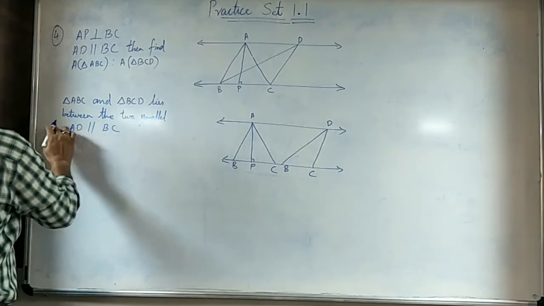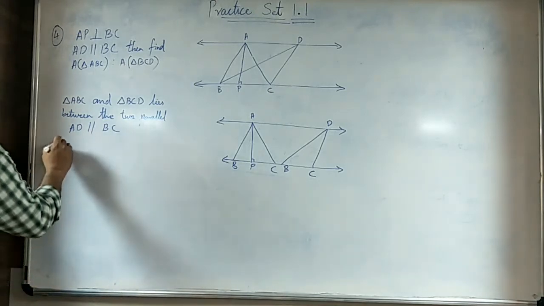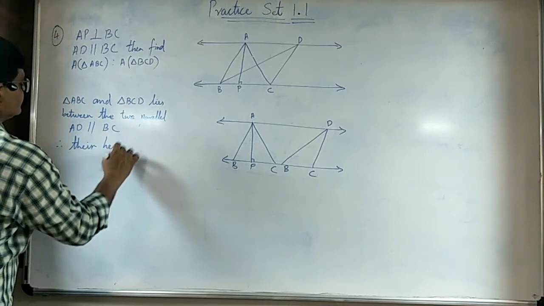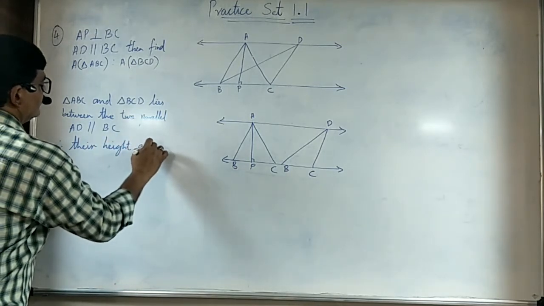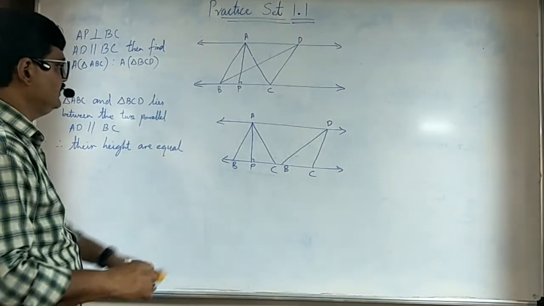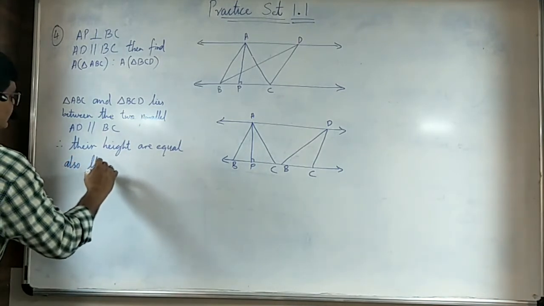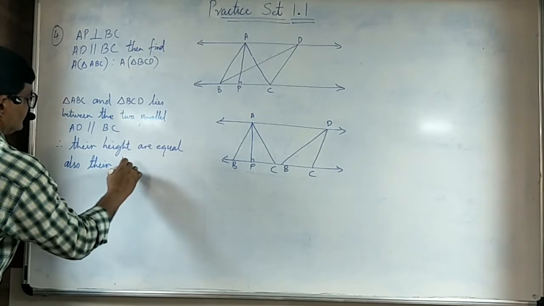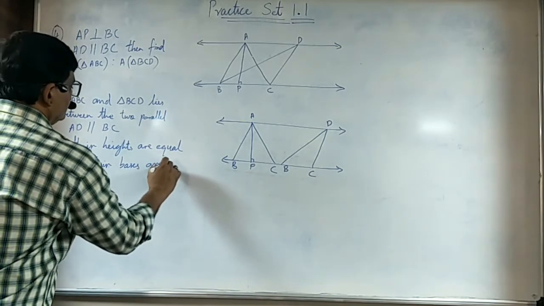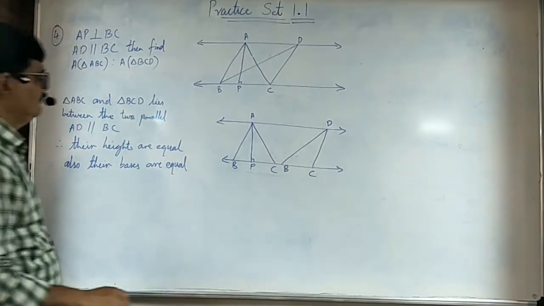Now here, since they are lying between the parallel lines, their heights are equal. You can also see this from the diagram. Their bases are also equal. Heights are equal and bases are equal. But we have done yesterday that when the triangle with, what is that over there?